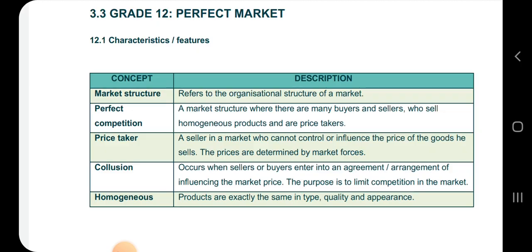The most important thing with economics, just like business studies, is that you need to understand concepts, because when you know concepts, you are able to answer true or false questions, match questions, one word questions, and when you are given options, to know which option best suits an explanation that you are given.